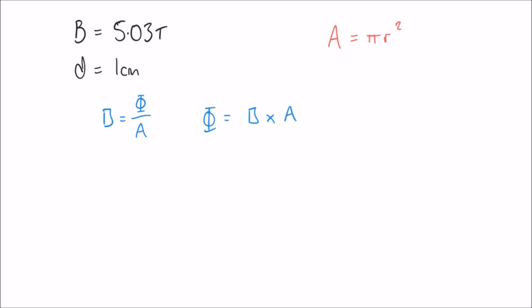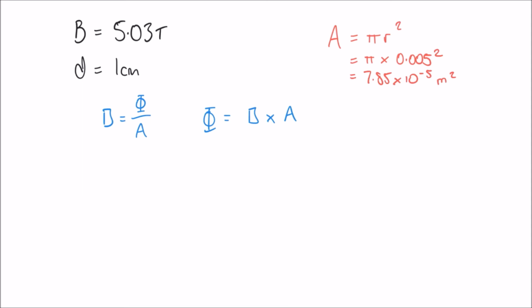And that means that the radius is going to be 0.005 meters. So my area is going to be pi times 0.005 squared. And calculating that, I get an answer of 7.85 times 10 to the minus 5 meters squared, because it's an area.